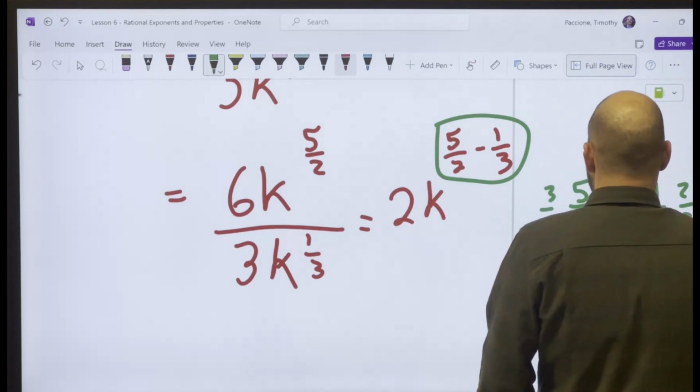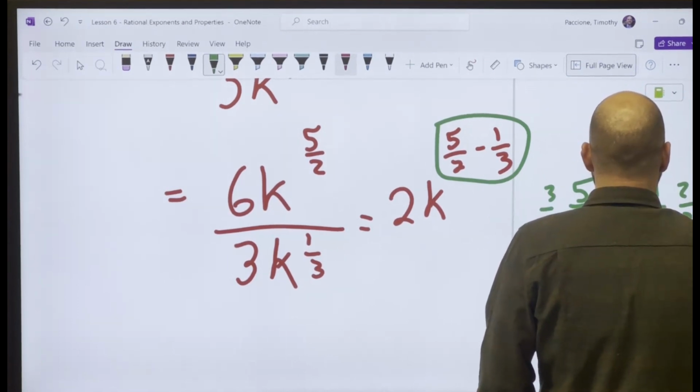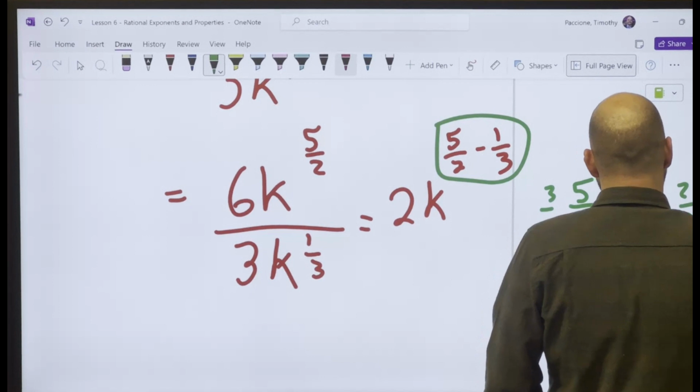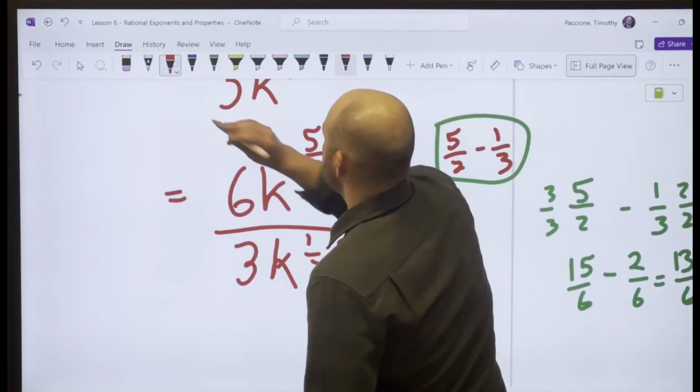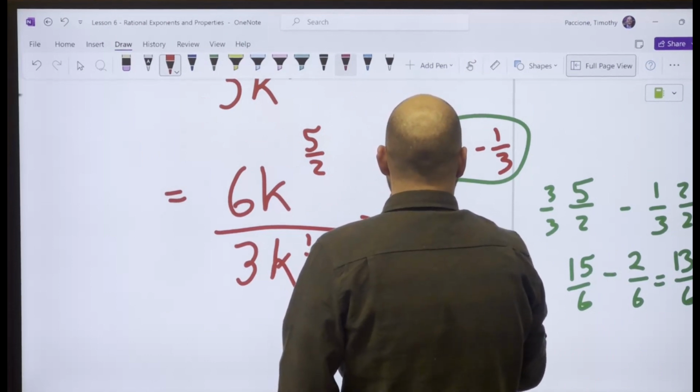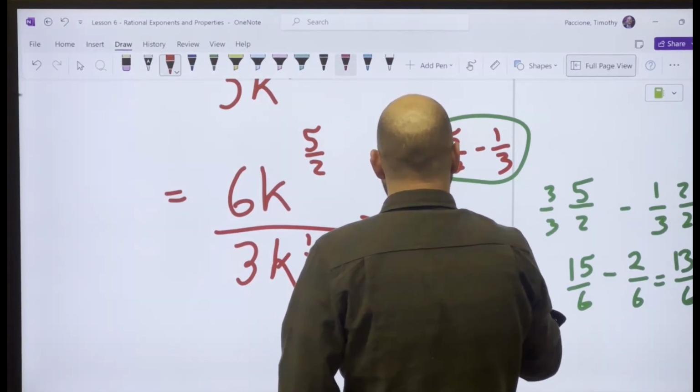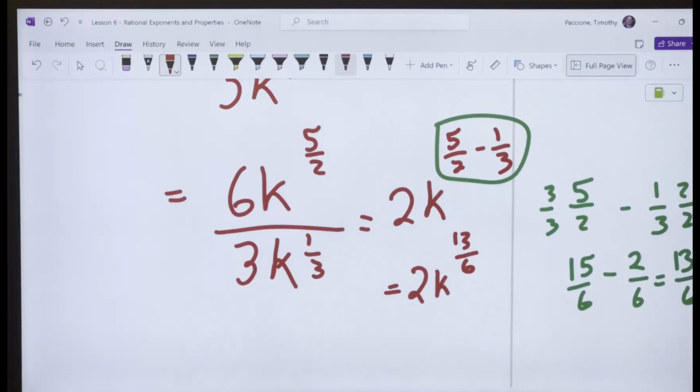Gives me 15/6 minus 2/6, which is 13/6. So this turns into 2k to the 13/6. Okay? Can't reduce that any further.